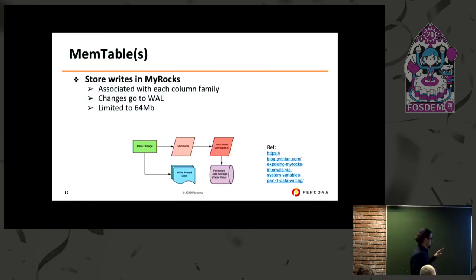So we have the concept of logically partitioning the data with the column families, and the memtables allow the writes to happen fast, while we also have a log of it written in the storage, and then it gets flushed to the table. They are limited to 64 megabytes and are optimized for fast reads and writes.